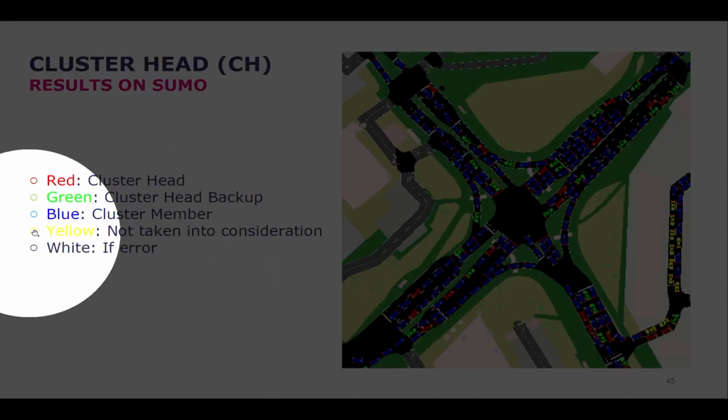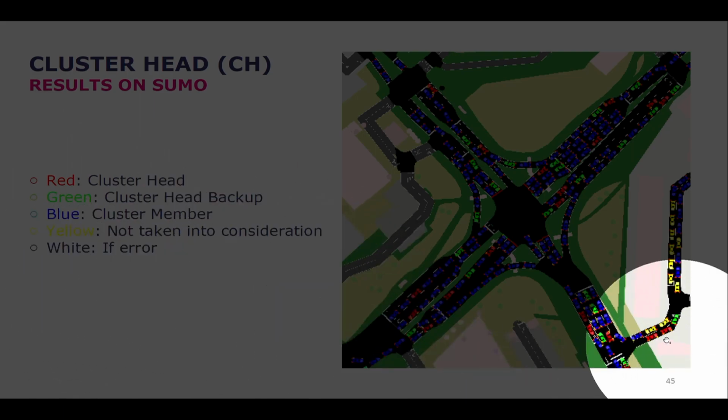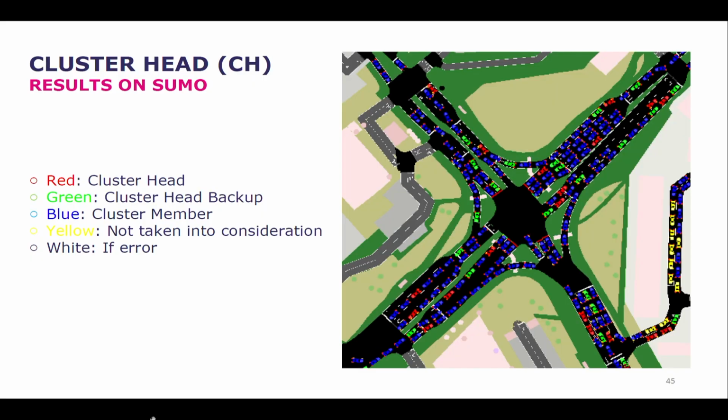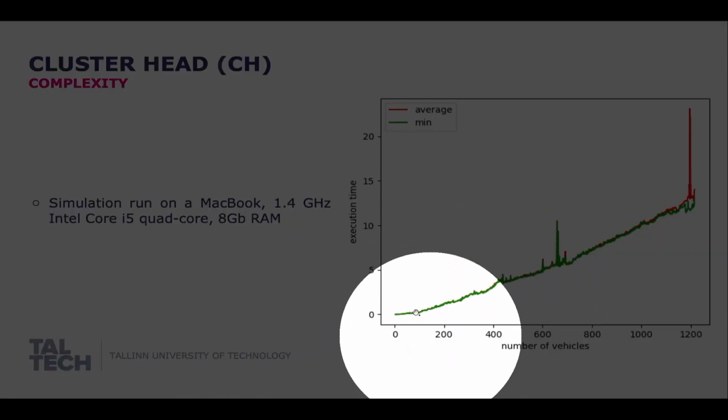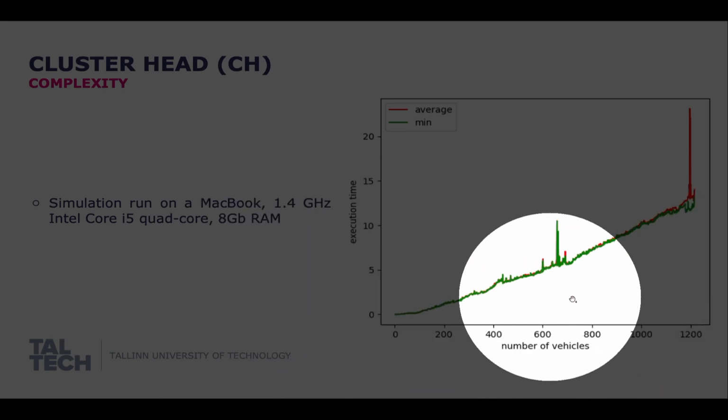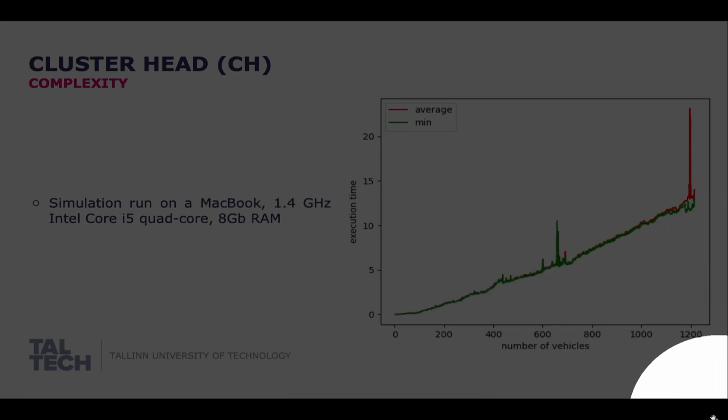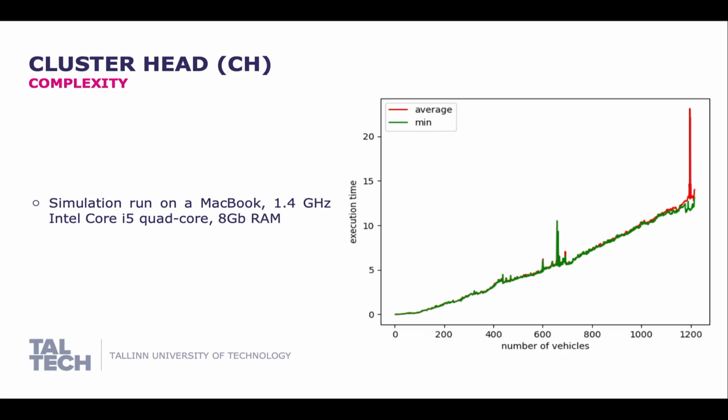The green is the cluster head backup, and the blue is the cluster member. What I want to show is that it's doable. He wants to show that we are really scalable, with 1,200 vehicles.